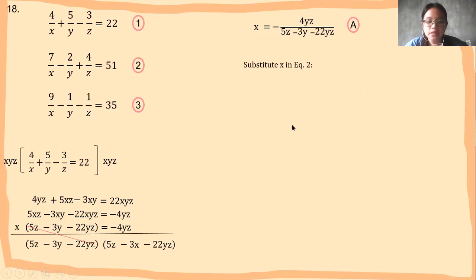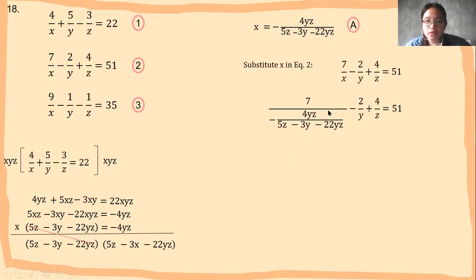So next is to substitute x in equation number 2. This will be our x. So let's substitute in equation number 2 to get equation number 4. So equation letter A and number 4 are different. So let's substitute.